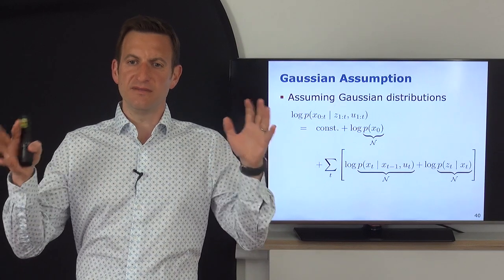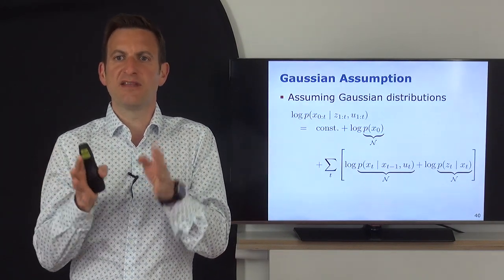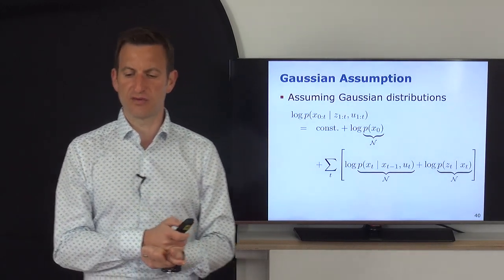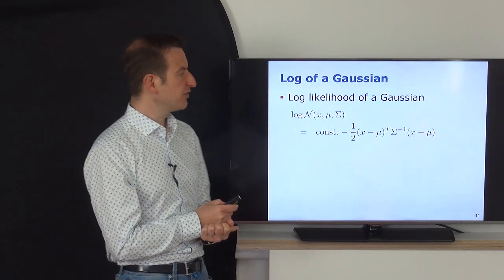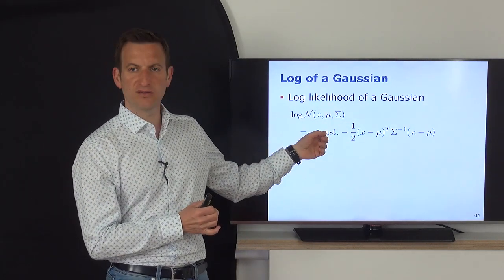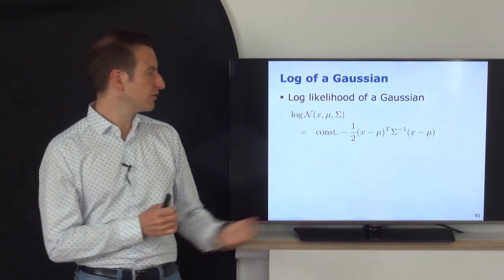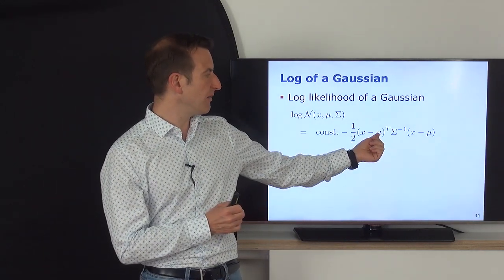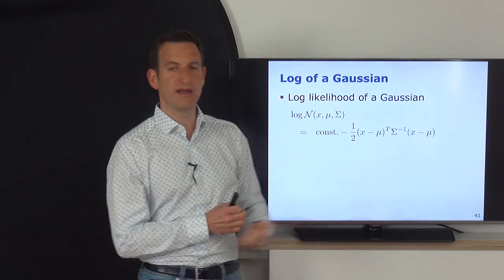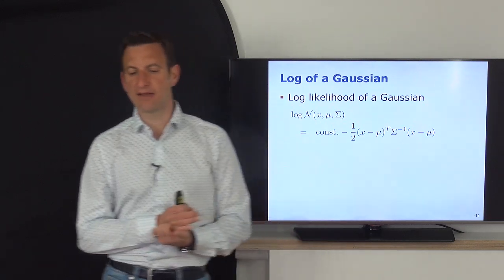We are leaving the general state estimation and making it more specific by saying, okay, let's restrict our distributions to Gaussian distributions. So how does a Gaussian distribution look, or especially the log of a Gaussian distribution? It is some constant minus the elements we have in the exponent, right? So this is x minus my mean, transposed, the inverse of my covariance matrix, and then again x minus my mean.